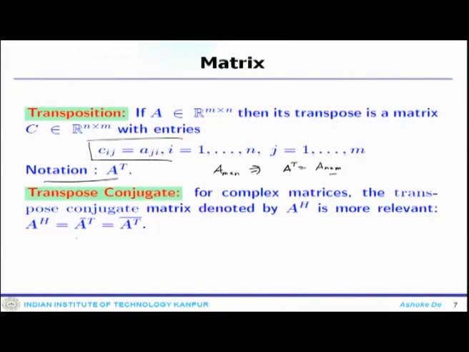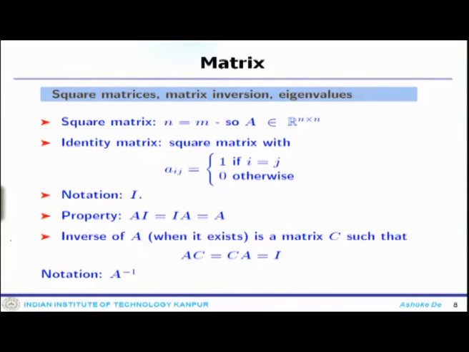Transpose conjugate: for complex matrices the transpose conjugate matrix is denoted by A^H. So, A^H is A bar transpose, where the bar represents the complex conjugate. These are very important properties that you have for the matrix.